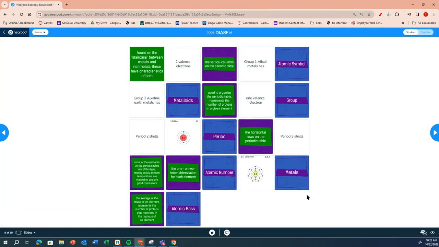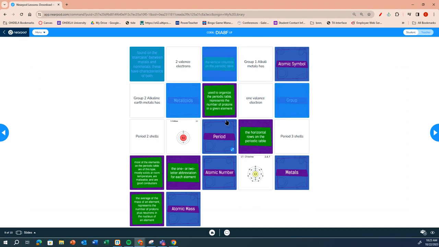So let's match these. Found on the staircase between metals and nonmetals, that would be metalloids. The vertical columns on the periodic table would be your groups.